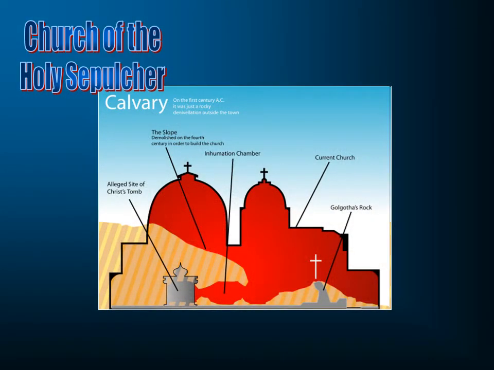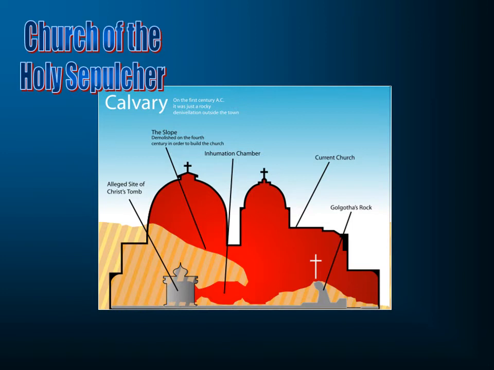Here is a sort of a chart showing that church area, and what you see in red is the existing structure. What you see in the stripes is the area the way it would have looked in the first century, or at least in the third century, when the church was formed. And so the church covers the area that is thought to be, whether it really is or not, both the rock where Jesus would have been crucified, the rock known as Golgotha, and it also encompasses an area of a tomb.